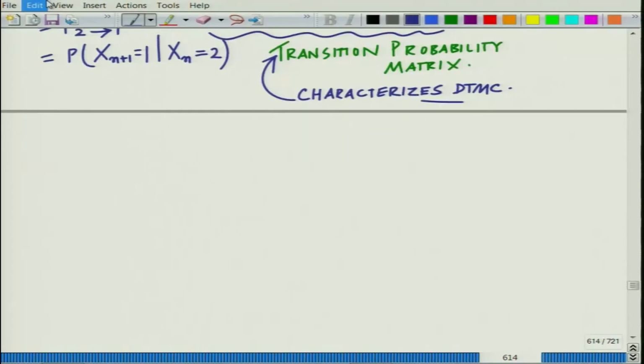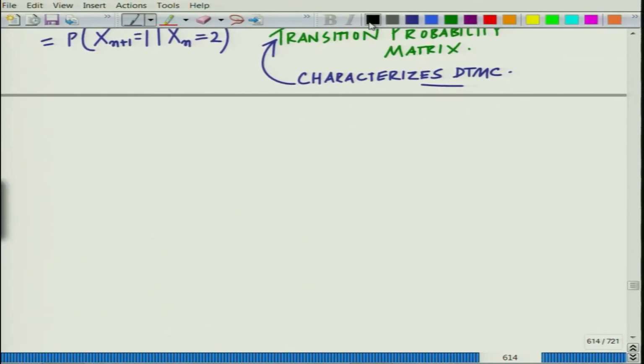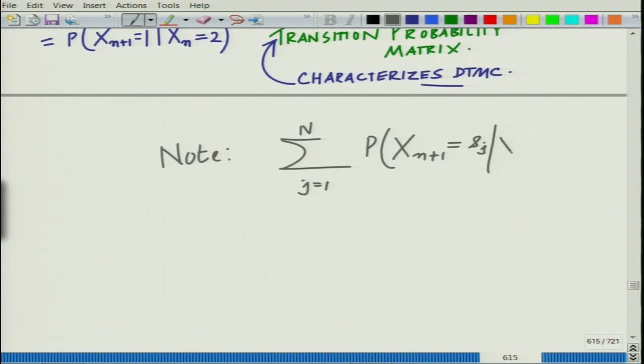That is the probability that Xn plus 1 equals Sj given Xn equals state i. Note also, and this is important and not difficult to see, that if you look at the summation over all j, from j equal to 1 to n, of these conditional probabilities, Xn plus 1 equals Sj given Xn equals Si, this must be equal to 1.